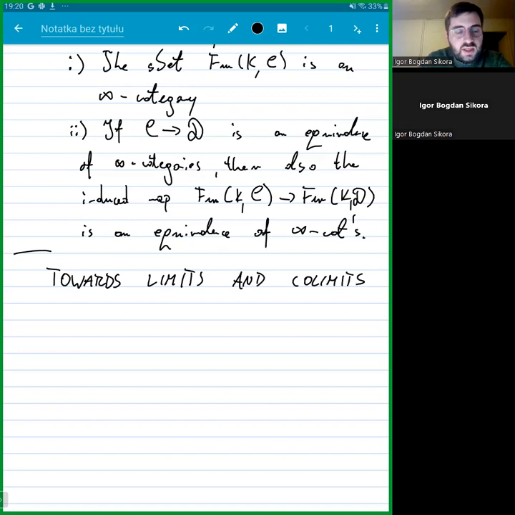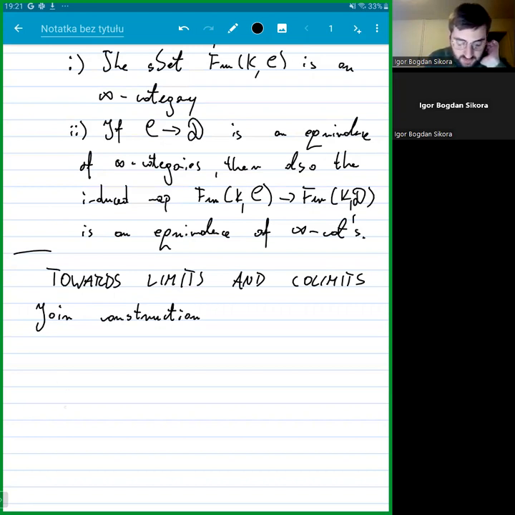So firstly, we'll start with a kind of supplementary construction for all of this. This is a join construction. The join construction in topological spaces is something rather well known.